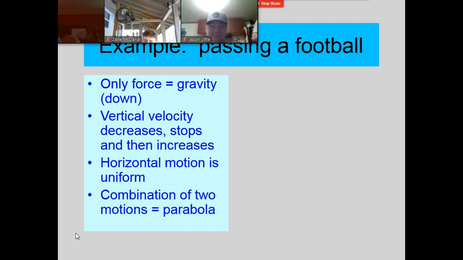The vertical velocity, if you're passing the football upward, is decreasing, stops, and then increasing, coming down. Horizontal motion is uniform, always uniform. And the combination of those two forms the shape we call a parabola.